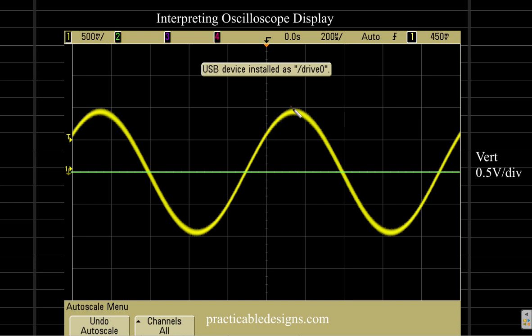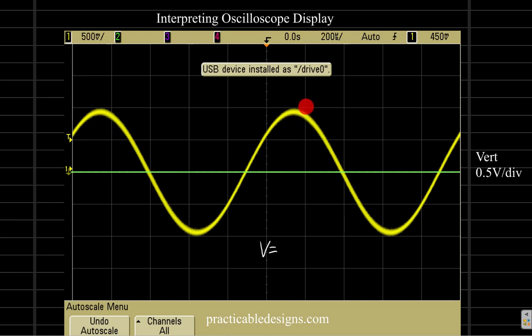So this goes up to 1, 2, almost 2 divisions. Let's say it's 1.9 divisions. So the voltage level would be V equal, remember, it says 0.5 volt per division. You go up 1 division, that's 0.5 volts.